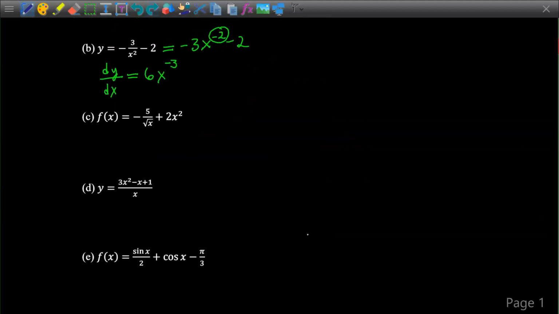All right, for part C, very similar to B in that I'm going to rewrite the square root of x in the denominator as x to the minus 1/2 power, which is equivalent. Now I'm going to take the derivative of this. I'll mix up this notation. So we'll say d dx of f.